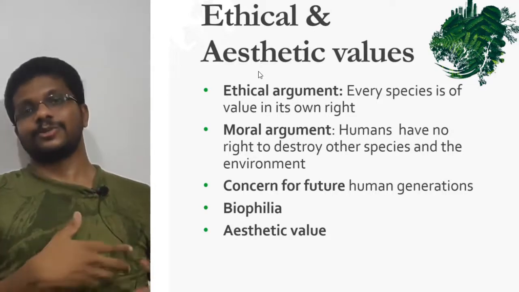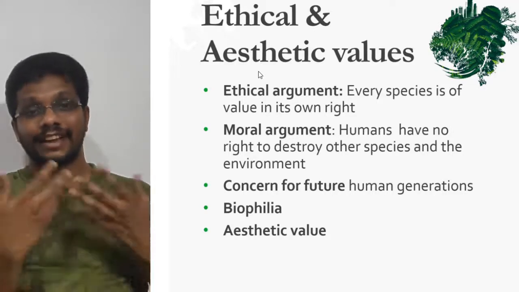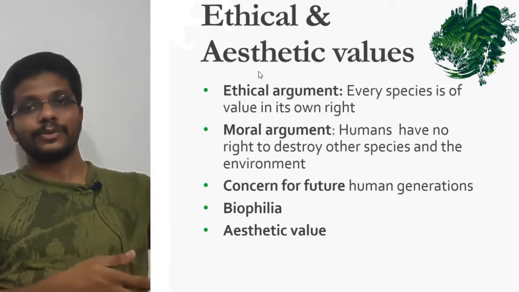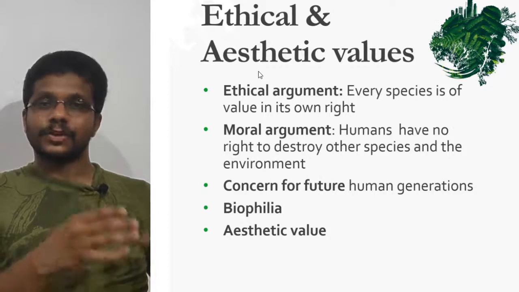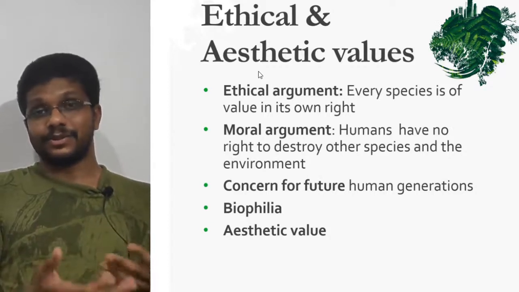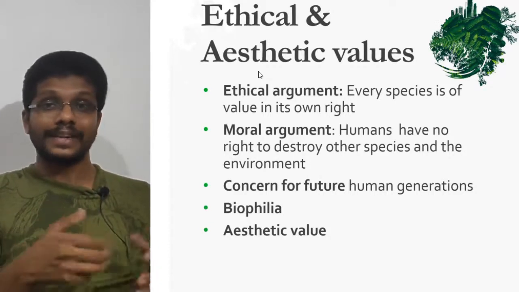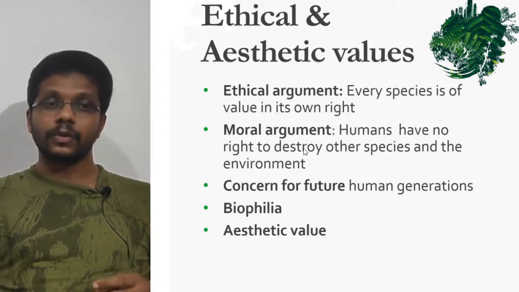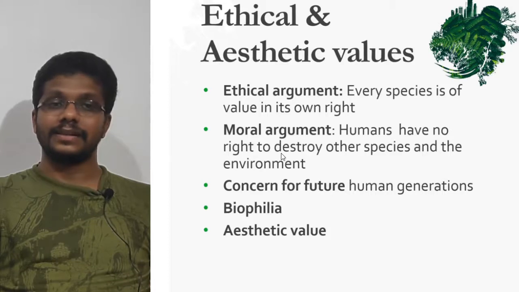We are the companions, so we need to protect them. We don't have any right to kill them or allow them to become extinct. Animals and plants should be treated with respect because they are our companions. They have the moral arguments. Humans have no right to destroy other species and the environment.